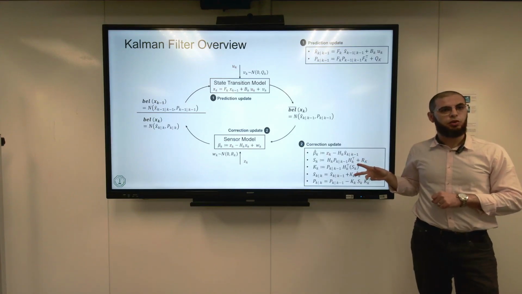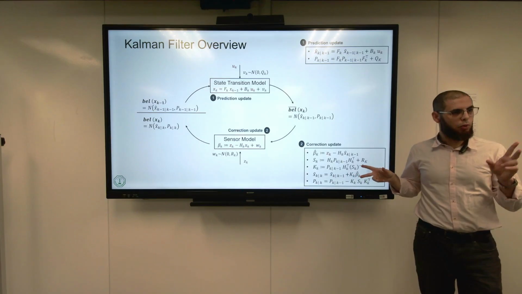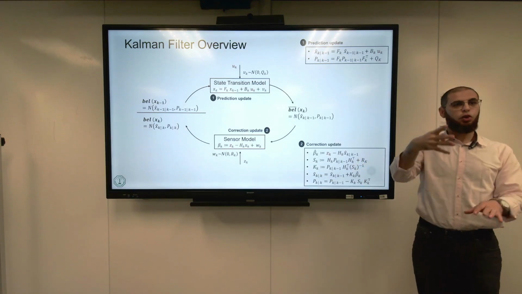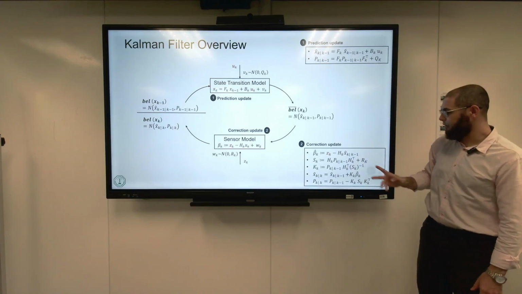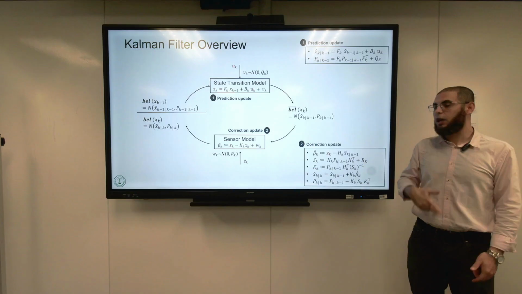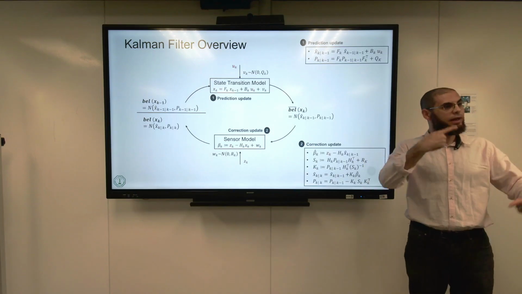Both, right? So in one file you had to write these, in the other file you had to write this. So there are only 2 lines here and 5 lines here that you can just implement. That's the whole algorithm. And of course it runs recursively, so you keep on running it again and again.